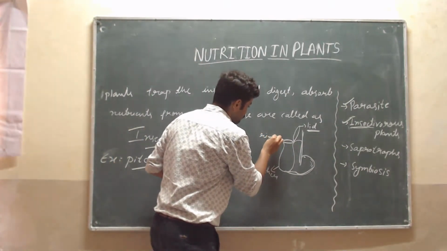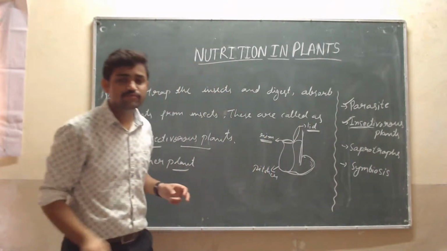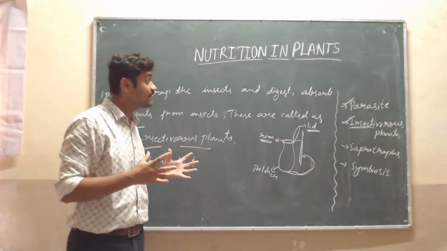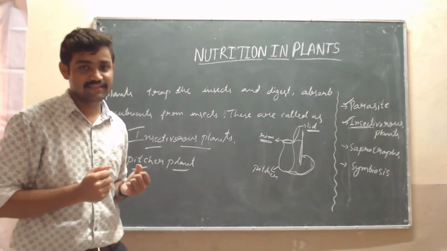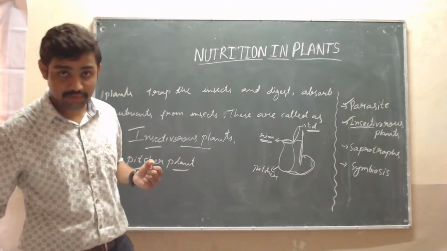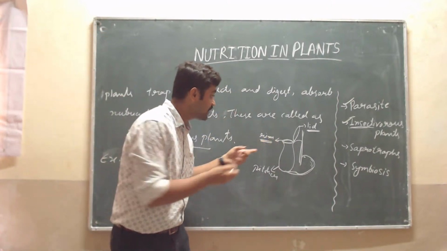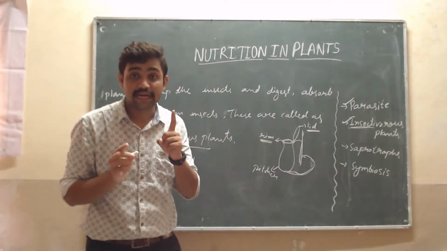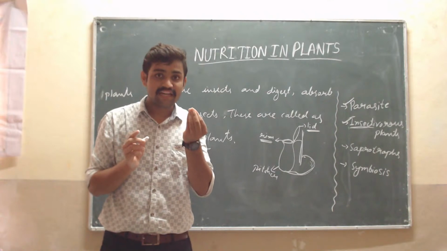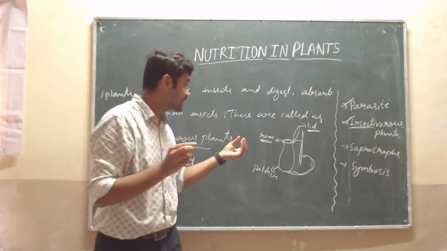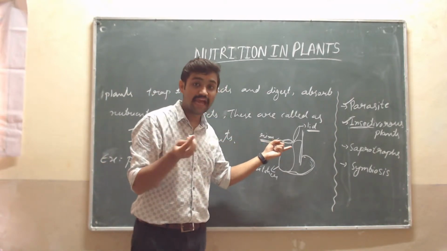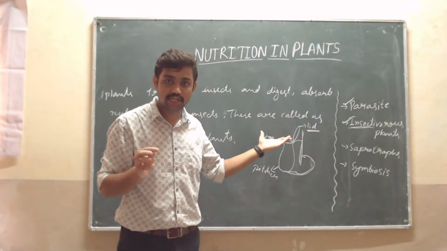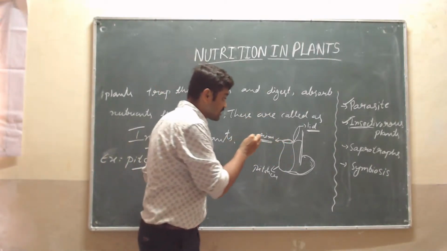Now, how will they digest and absorb the nutrients? Let's see. First, the rim contains nectar, that is, it is sweet.